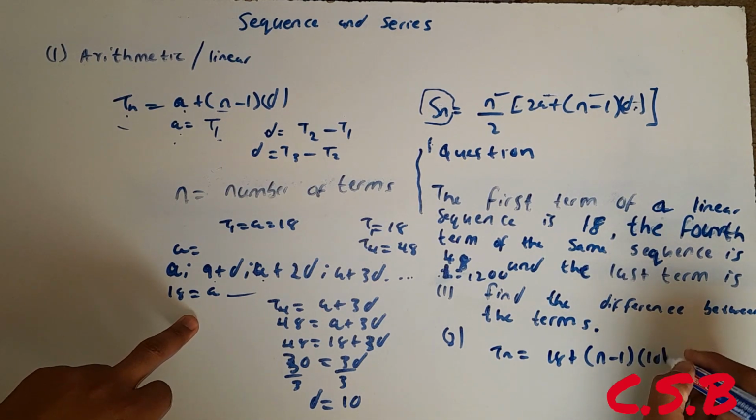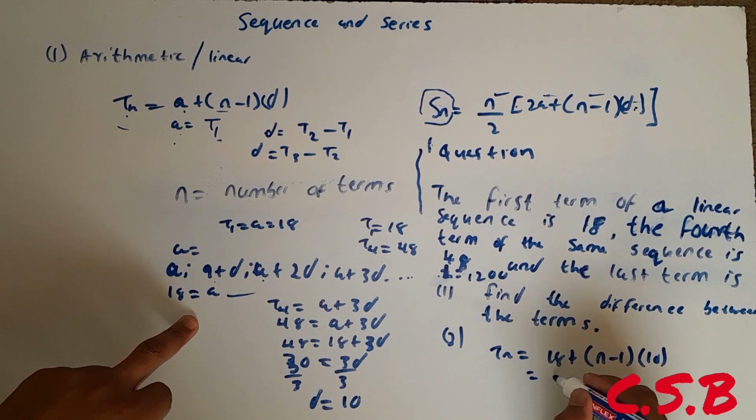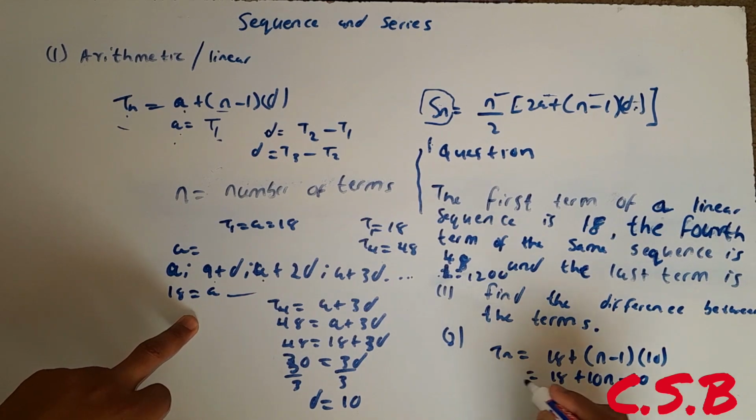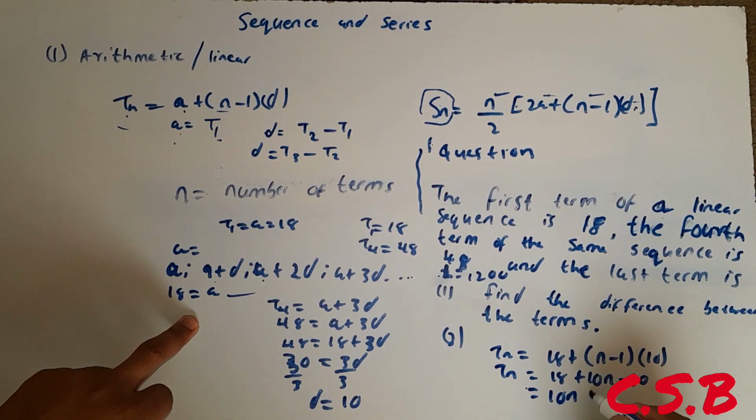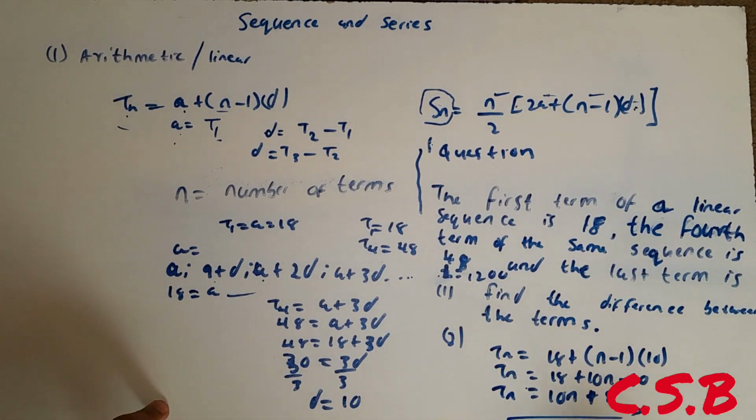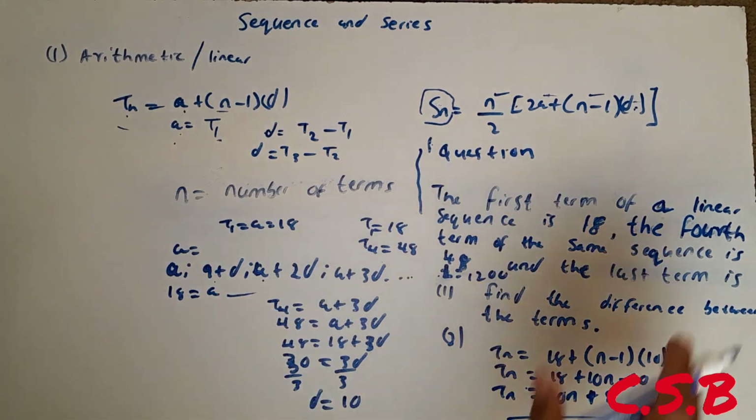The difference is 10, so this is 18 plus 10n minus 10. So Tn is equal to 10n plus 8. This is the general equation for this question.